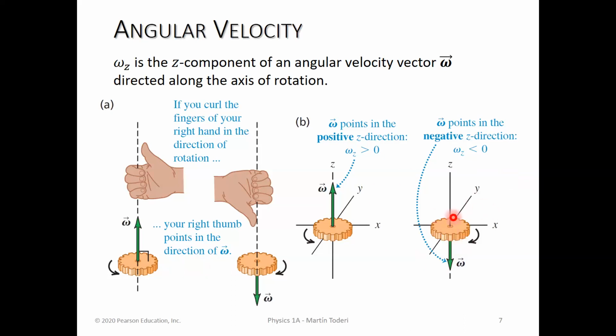So that's how you determine the actual vector of the angular velocity, not just the modulus, not just that scalar. So the angular velocity is a vector, which determines the rotation of the whole body in terms of the direction and in terms of the intensity of that rotation. Okay, any questions about this?